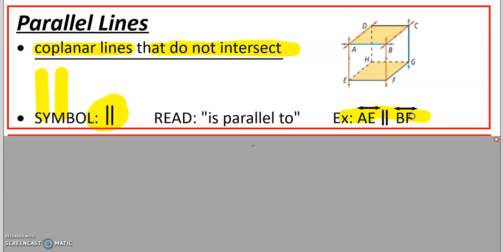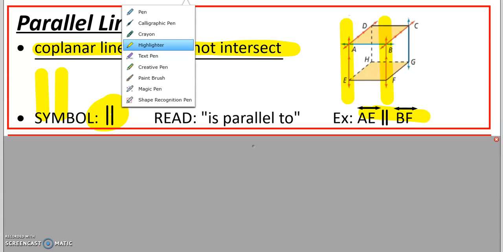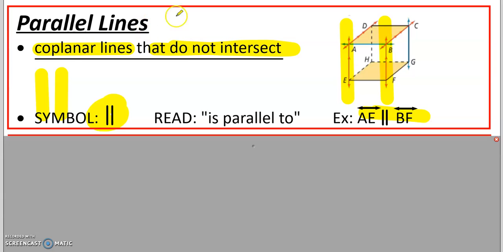So here's an example. Line AE, which is right here, is parallel to line BF. And that looks correct on our diagram. They are parallel. I do want to note something else here, guys. Notice these little arrows right here. See that? There's a little arrow here and a matching one over here. That's representing that these lines are parallel.